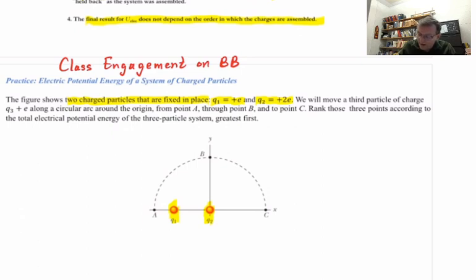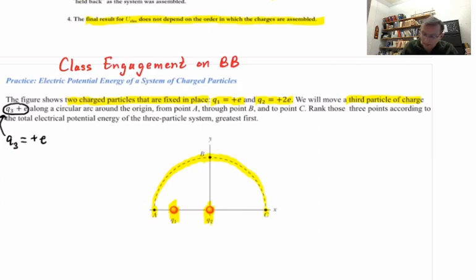We are going to take a third particle of charge Q3 equals plus little e, and move it along a circular arc around the origin, starting at point A, going around the circular arc to point B on the y-axis, and then on around until I get a half circle at point C, centered there at the origin.